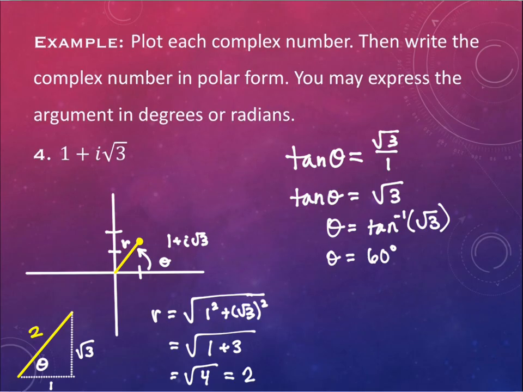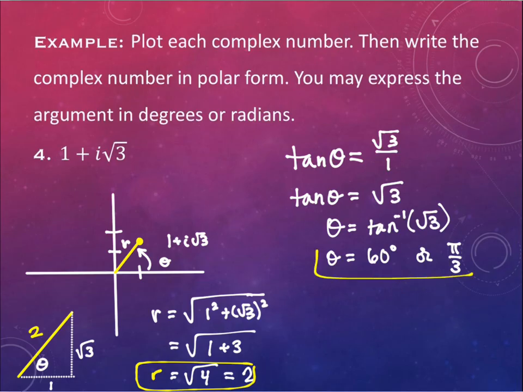Okay, now I do want you to pause for a moment because I don't want you to have to figure it out with actually computing. But what is that in radians? Do you remember what that is? It is pi over 3. Yeah. Remember, you can turn it into radians if you want by multiplying it by pi over 180, but it is pi over 3. So we now have the r value, and we have the theta value in two forms, which means we can write this in polar form.